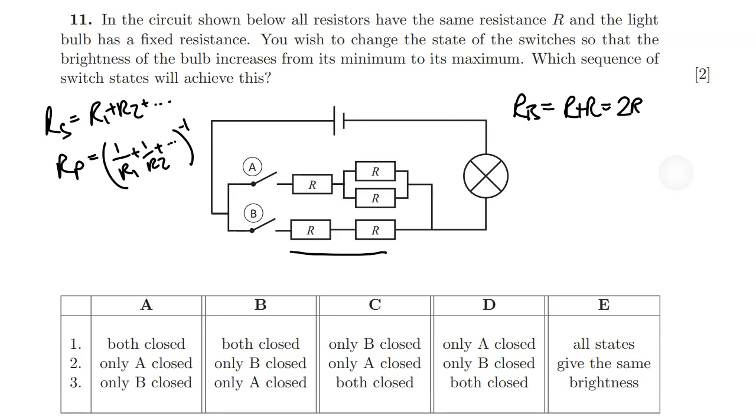Next, what about if only switch A is closed? This is slightly more complicated. Effectively what we have here is one resistance in series with this configuration here, which is two resistors in parallel. And for these two resistors in parallel, you would get 1 over R plus 1 over R, to the minus 1.